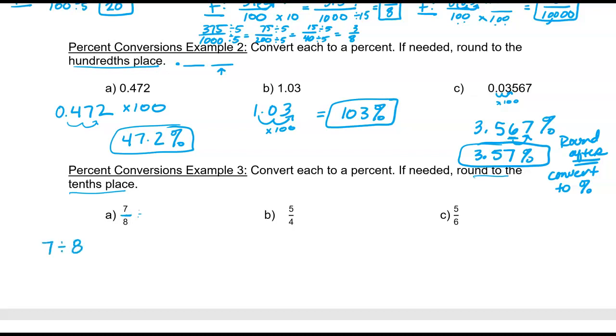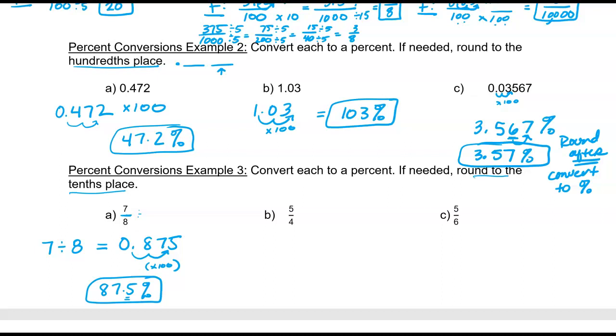You can take a calculator and divide 7 by 8, and you're going to get the decimal 0.875. Then we want to convert it to a percent, so we multiply by 100, or move the decimal 2 spots to the right, and we get 87.5%. There's no need to round since we only have a tenths place there. We don't have a hundredths place that would change that at all.